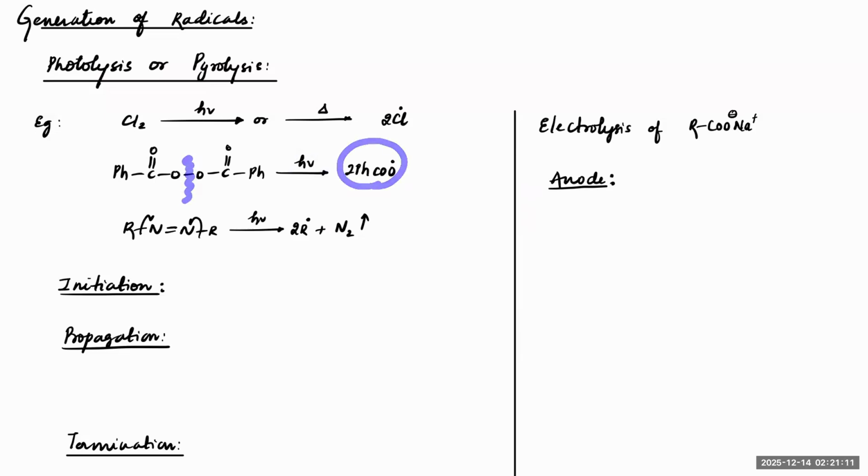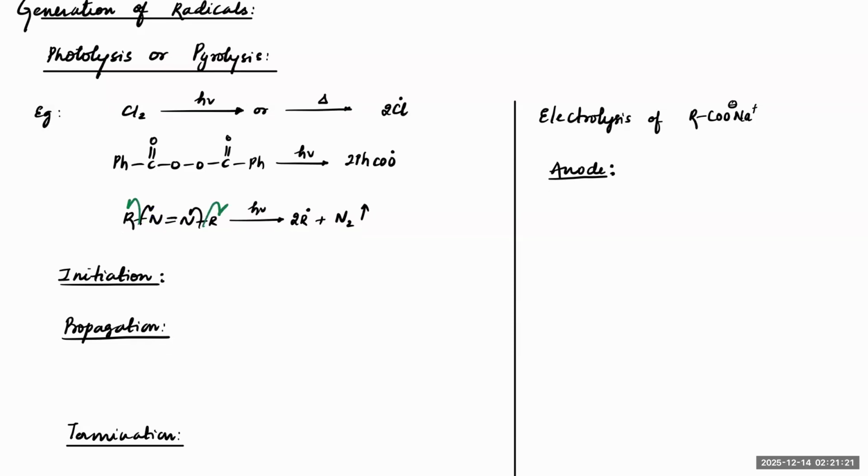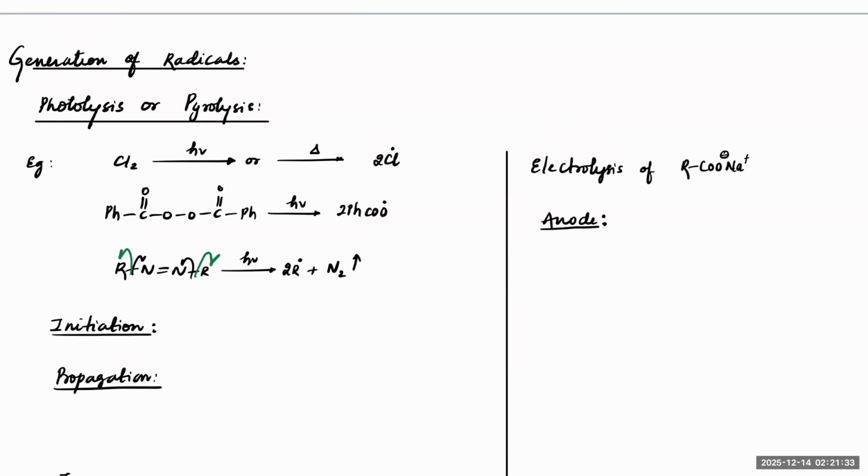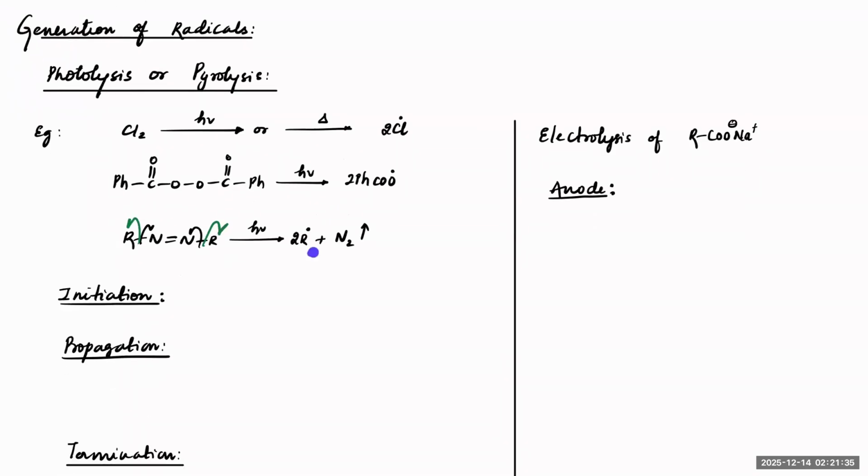You will get 2 moles of benzoate radical. And here, this side also will start breaking, one side on the R, the other side on the N. The dot on N and N will convert into N2 gas, and these two will remain as 2R dot. Okay. So this is how you generate the free radicals.